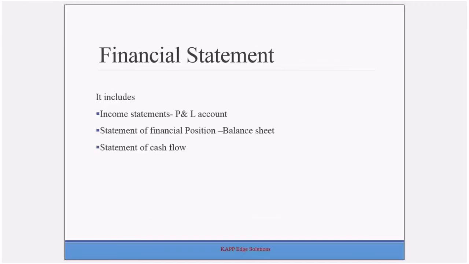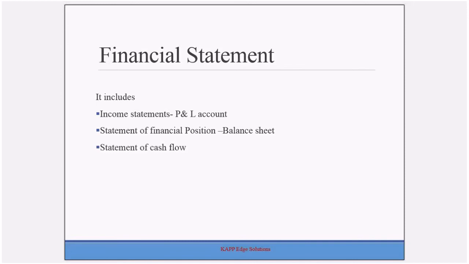Then comes financial statement. I'm sure you may have heard of this term, financial statement or final accounts, many times. But do you actually understand the meaning of that? Majorly, there are three sets of accounts we make in financial statements. One is called the income statement.